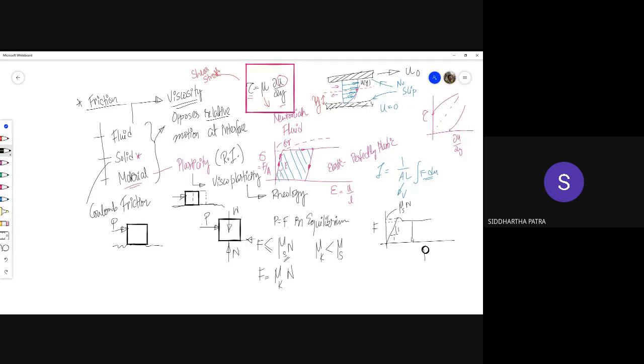So this is mu k times N. Now, of course, that means if I do sigma Fx, which would be P minus F, and if F cannot go beyond this value, and P keeps on increasing following the original line, so this is the F equal to P line, then there is a difference between F and P right now. So this is the actual F. So this difference, P minus F, what does that do?